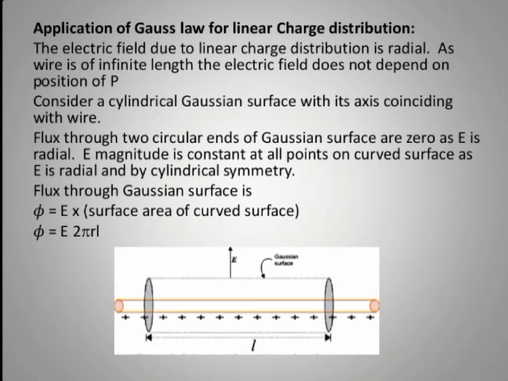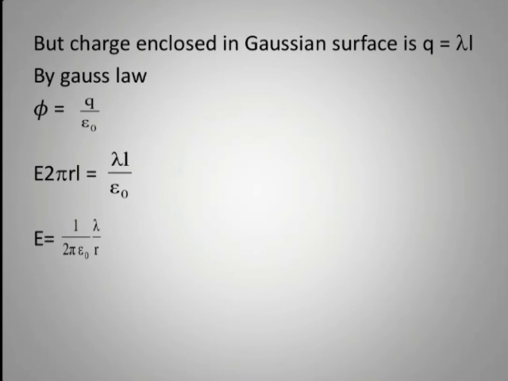So what is the formula now? Substituting the value of the curved surface area of the cylinder except these two sides, that is 2 pi r L, you got one formula for your electric flux. Now, what is the charge enclosed in the Gaussian surface?